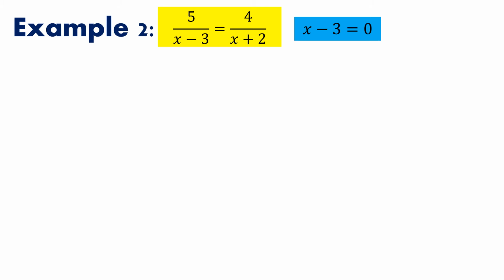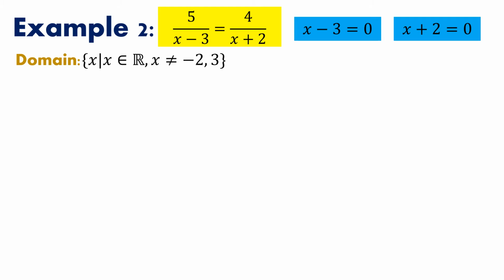On the other hand, x plus 2 is equal to 0 when x is equal to -2. The domain of the rational equation is the set of x such that x is an element of the set of real numbers and x is not equal to -2 and 3.